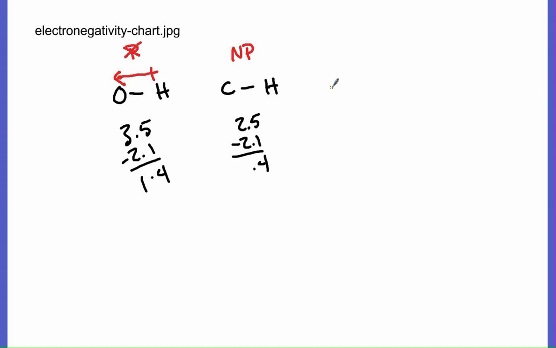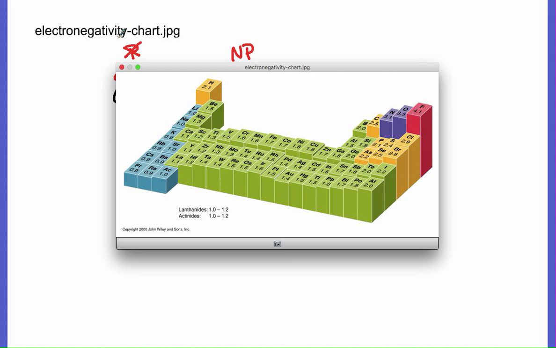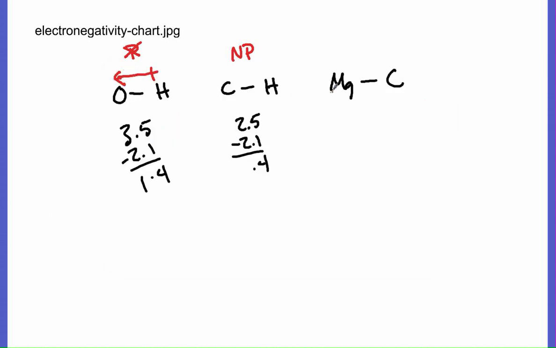If I had, say, a magnesium and a carbon, it doesn't matter what my elements are. If I look them up and I see magnesium and I see carbon and I'm like, oh wait, magnesium's a metal, right? As soon as you know that magnesium is a metal, you're actually supposed to be able to identify this thing as an ionic compound, right? That actually wouldn't be a covalent bond, right?